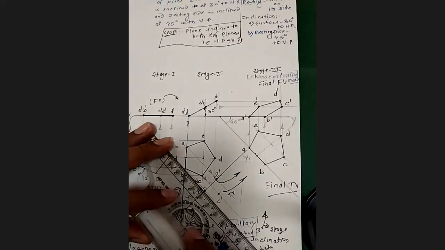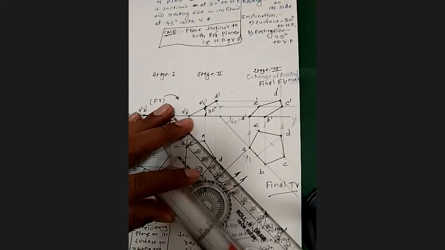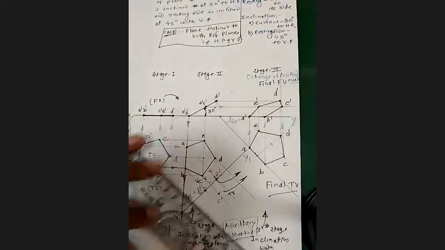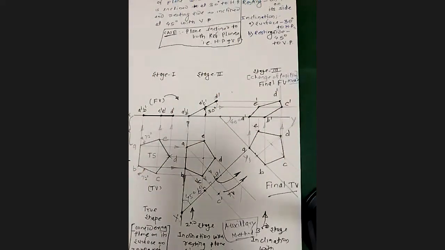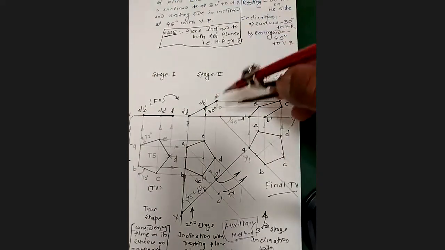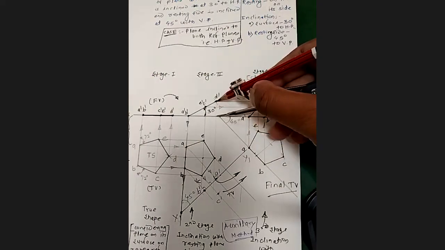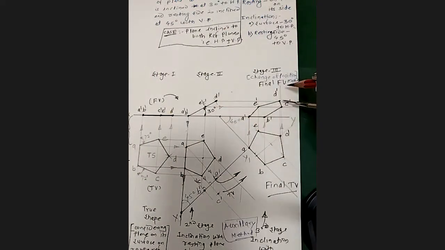Then we'll take the projections perpendicular to the X1Y1 line, and I will take it here. Then let's check how much is the distance of the second stage front view from the XY line. The distance is this one. This is the distance. Actually, in the change of position method, you got the same thing.